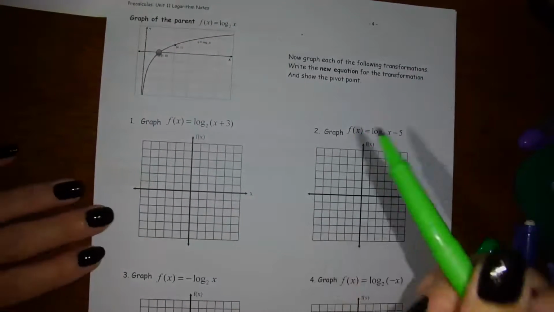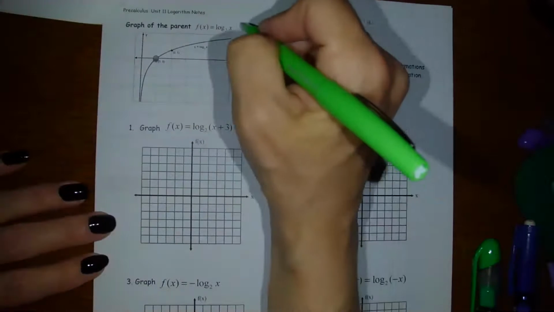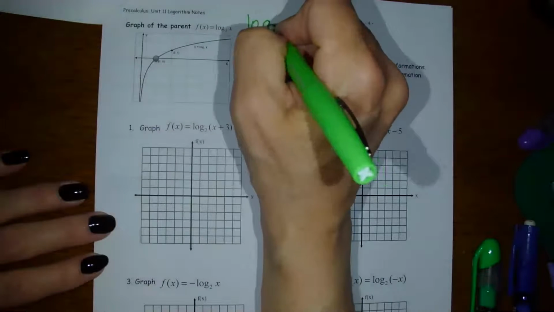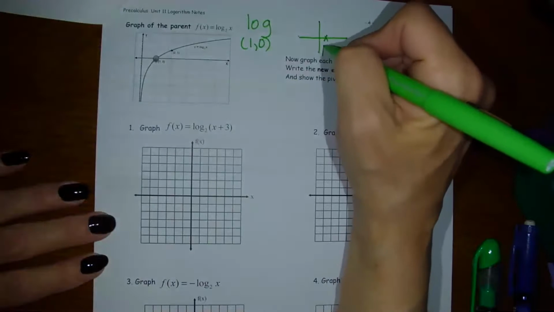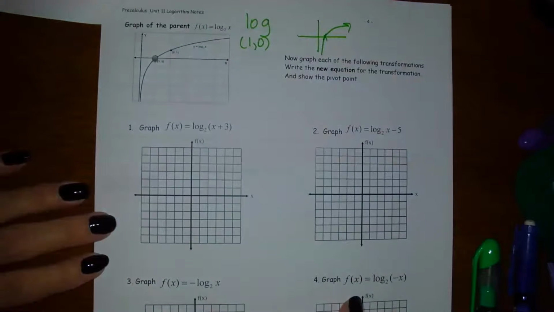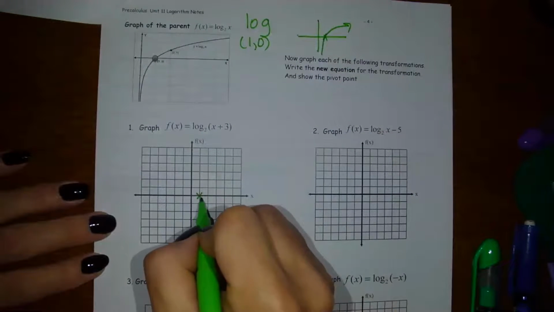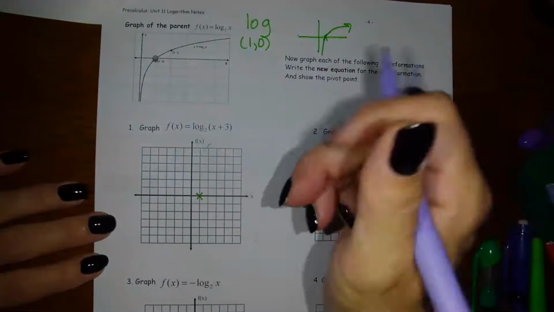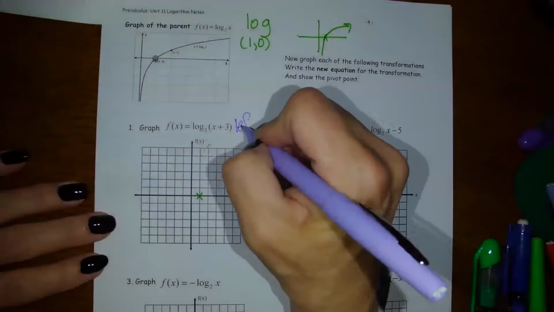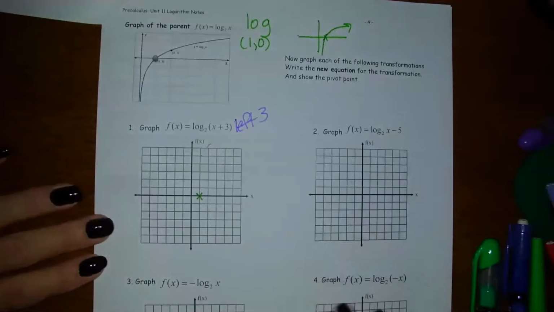So we know what a log looks like, right? It spells its name, L-O-G, goes through 1, 0. So it should be right there. And it grows slowly. So I should be here. But what does that do? Right? That goes left 3.